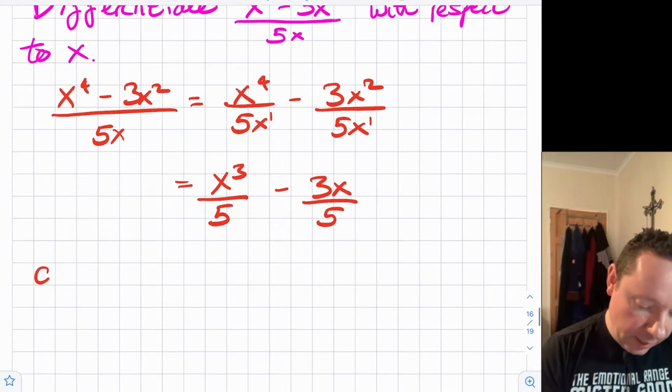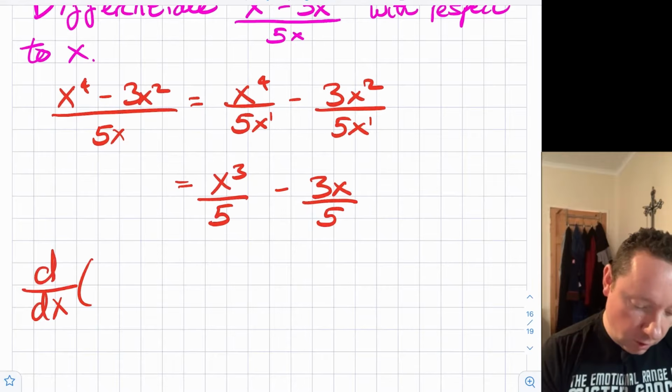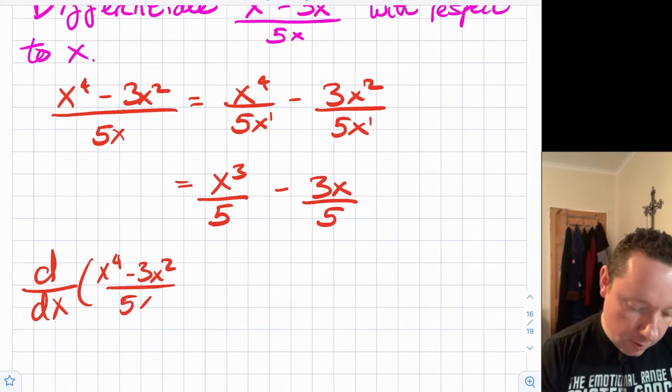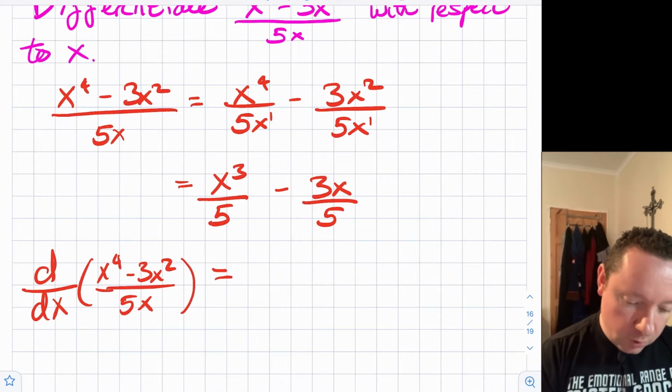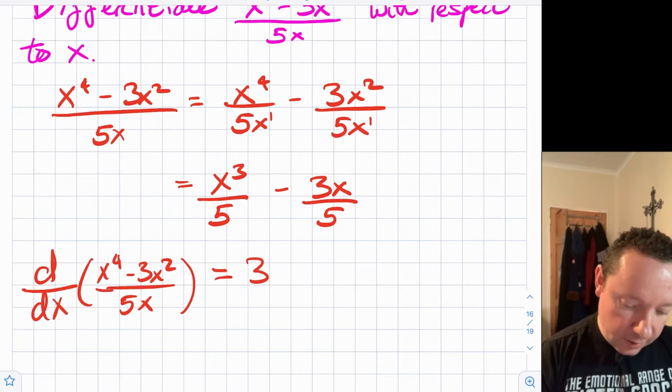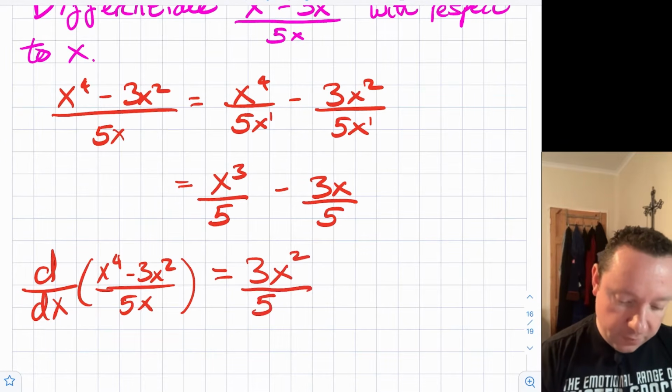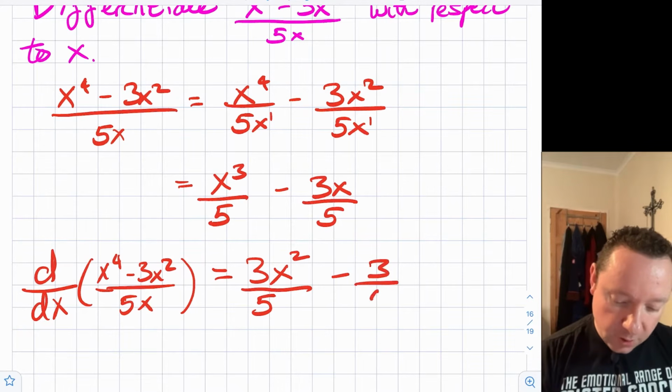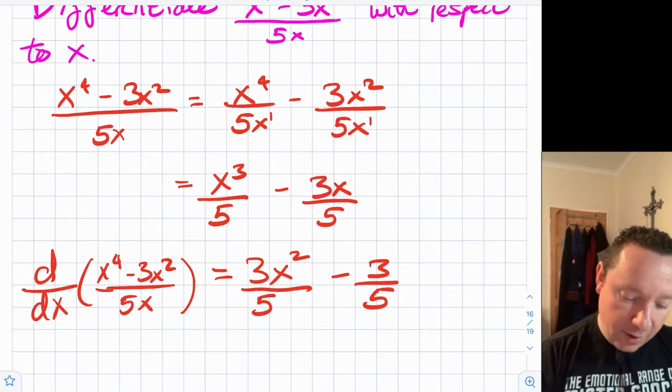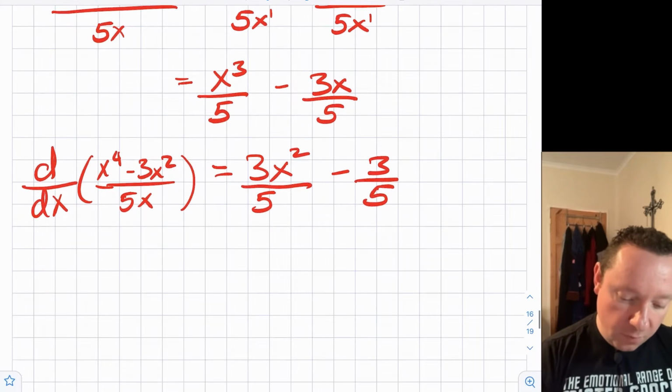So d by dx of our original thing equals 3 comes down, 3x, take away 1 is squared, over 5, or 3/5 of x squared if you prefer, minus just 3/5 because x to the power of 1, remember? Now we can tidy that up a little bit because 3/5 is a common factor here.